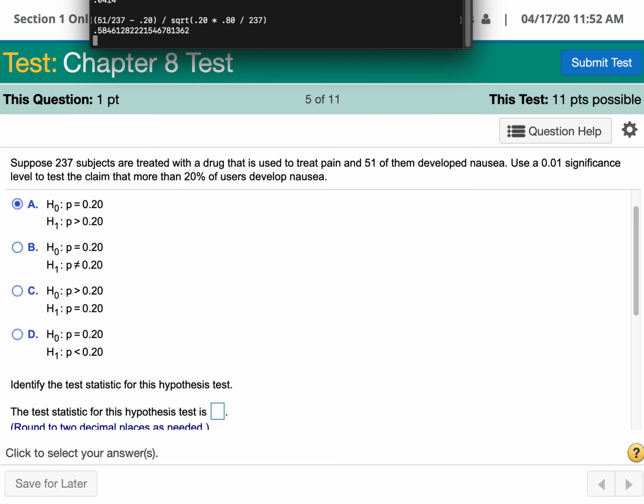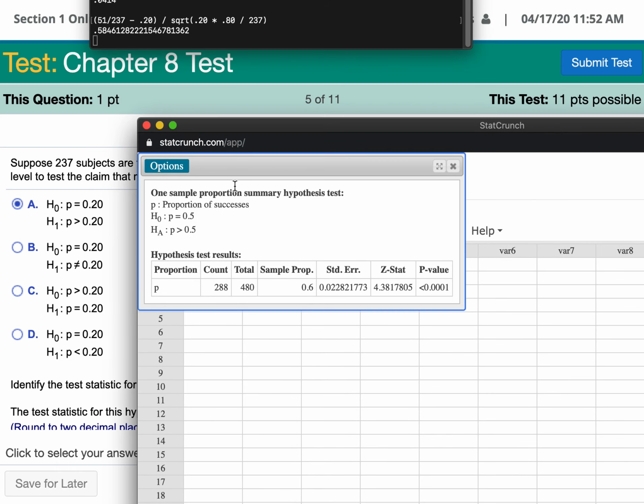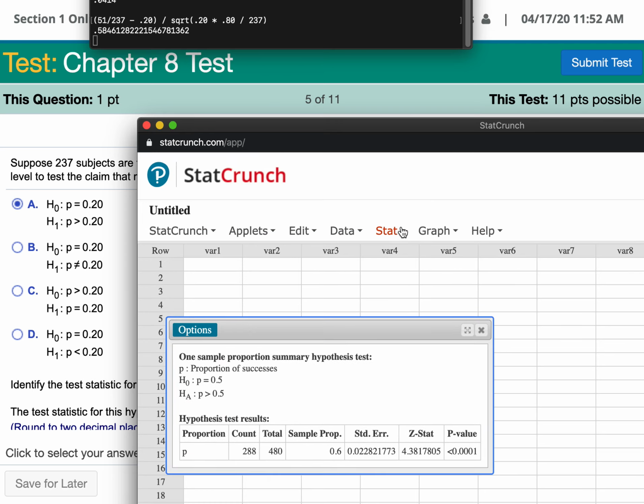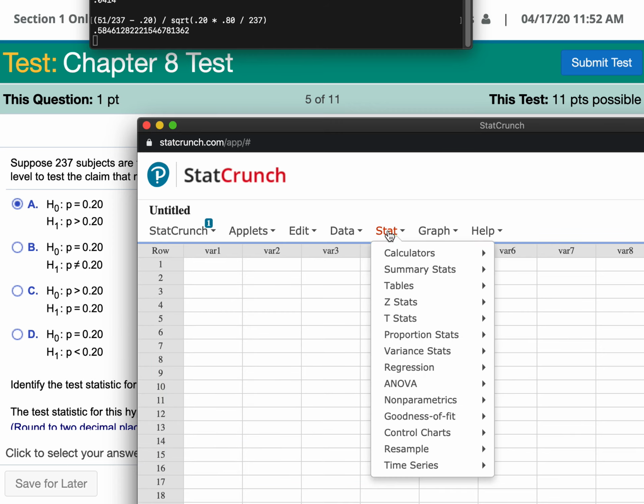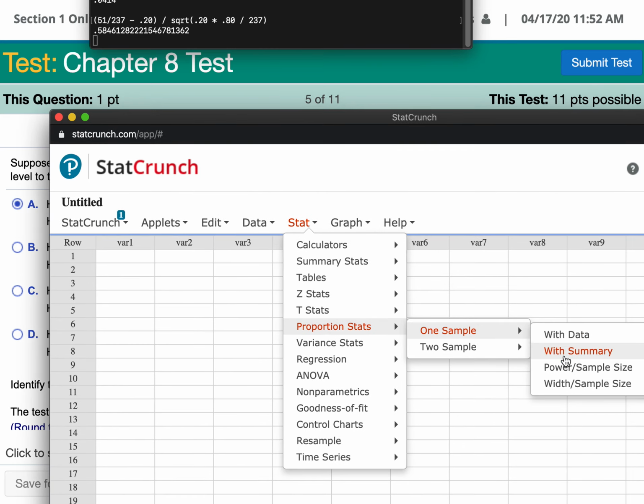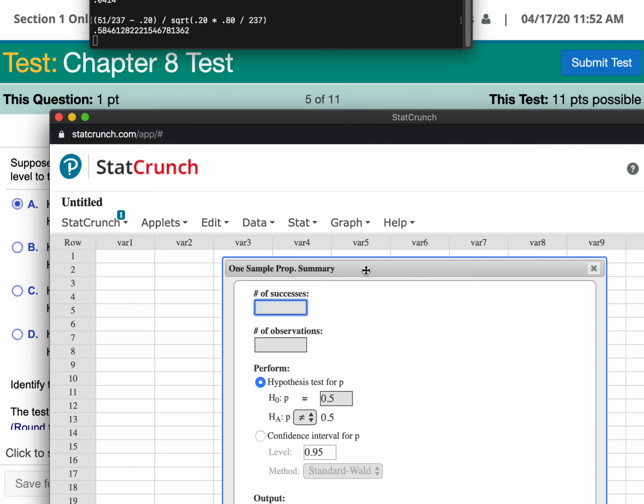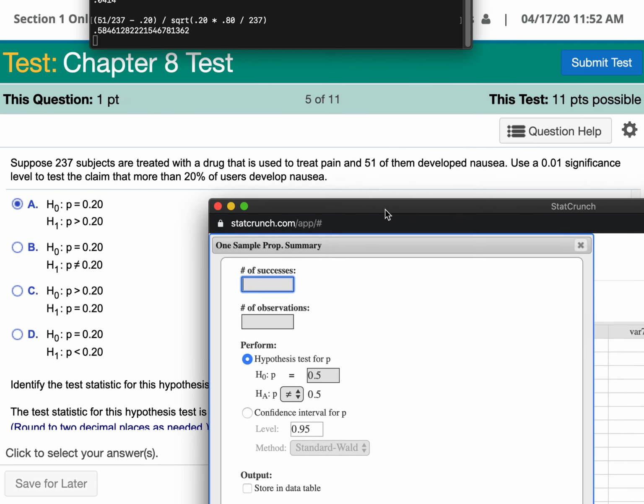Now I'll also show you how to do that on StatCrunch. Once again, you just use the same thing we did before: stats, proportion stats, one sample with summary. The number of successes is 51.